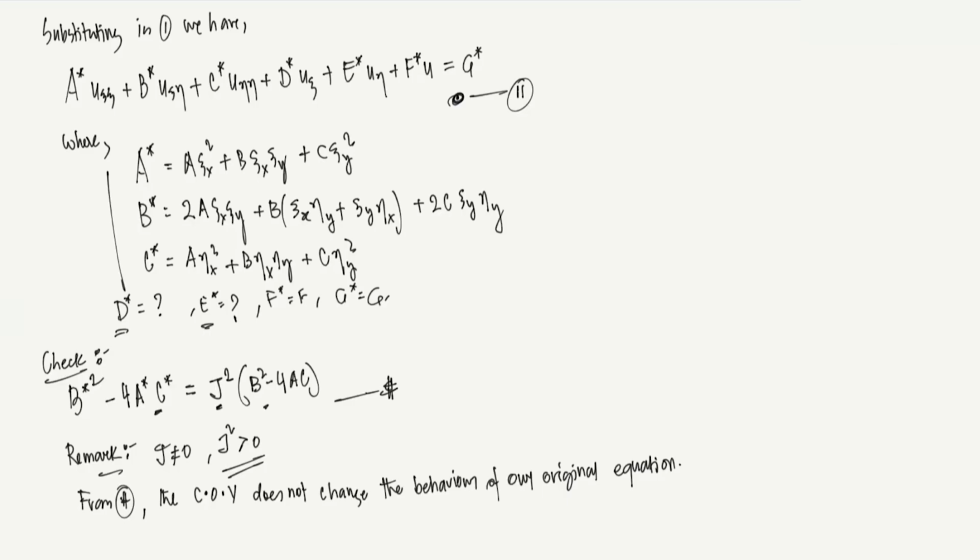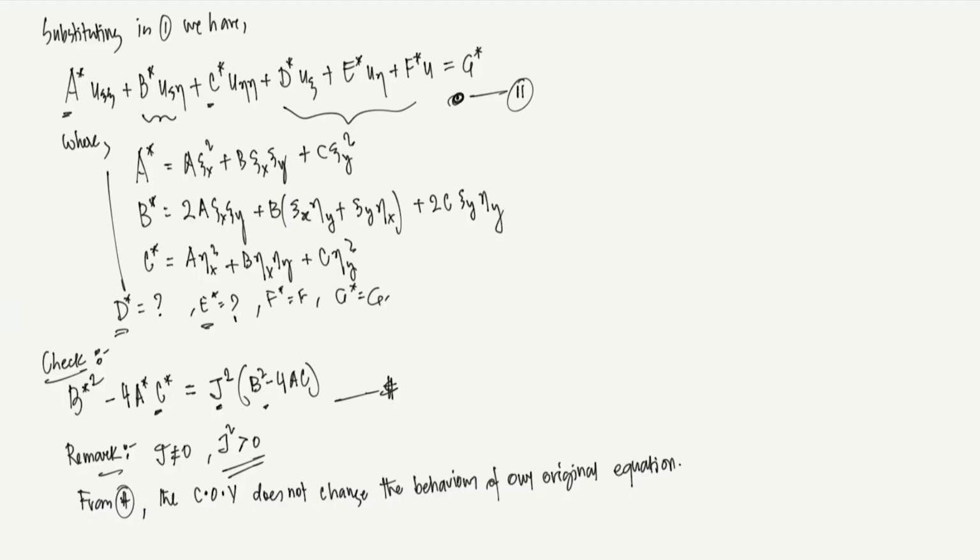What we did is we chose our xi and eta in such a way that a star and c star are 0. So we are only left with this particular term along with the lower order terms, but lower order terms do not contribute to the overall behavior of the problem. Of course, the solution changes, but the behavior of the problem, whether it's elliptic, hyperbolic or parabolic, does not change.